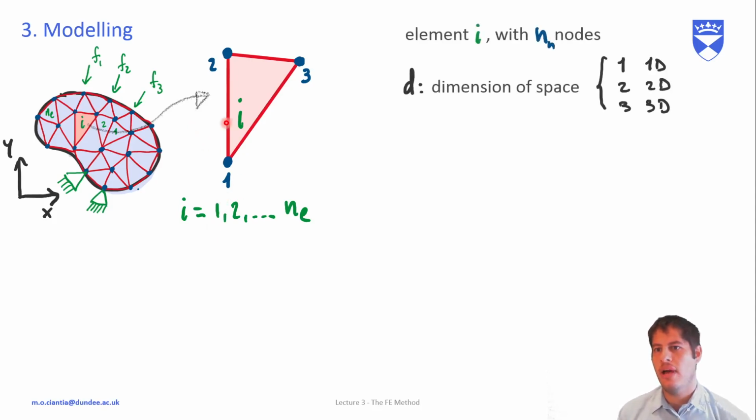And so element I with NM nodes. In this diagram, I've represented a 3-sided element. Okay, so with 3 nodes, 1, 2, 3. The dimension of space D will be 1 in 1D, 2 in 2D, 3 in 3D. So D is a number that goes from 1 to 3, depending on if we're using a 1D model, a 2D model, or a 3D model.